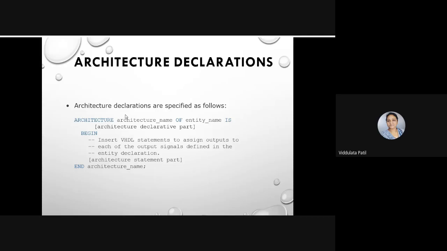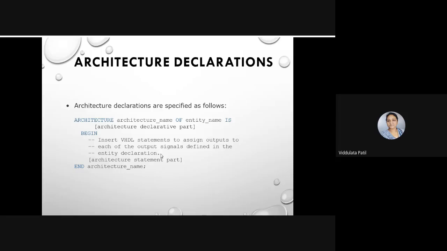So this is the optional part, and then again there will be a begin keyword that you need to use, and after that you will have VHDL statements. You need to insert these to assign outputs, and you need to write these VHDL statements for each of the output signals.